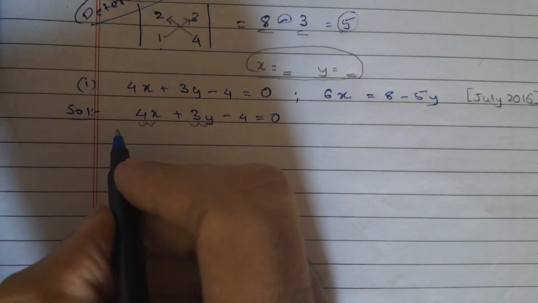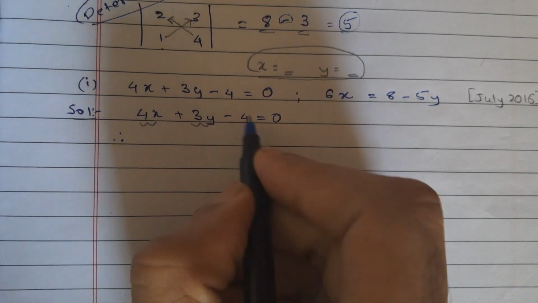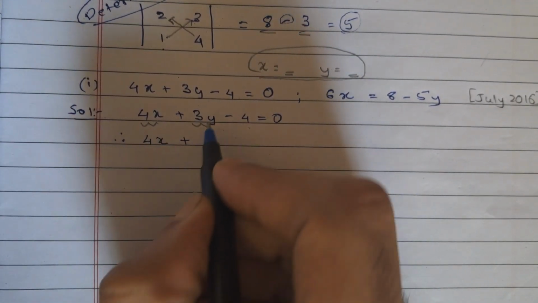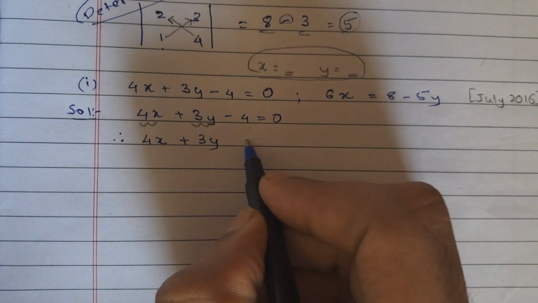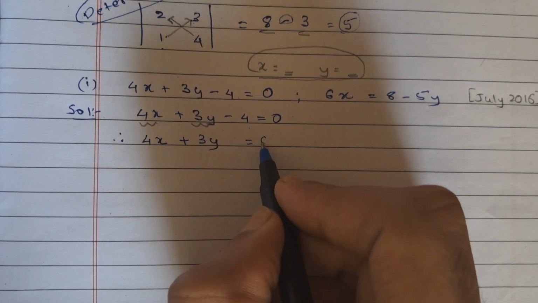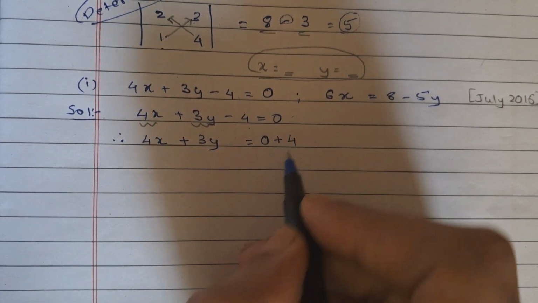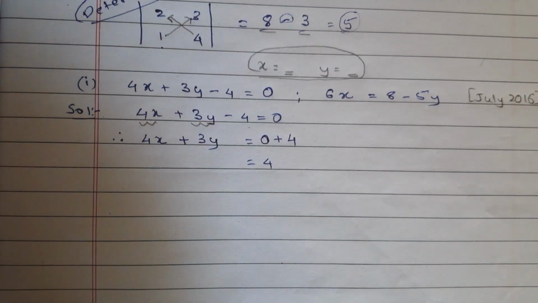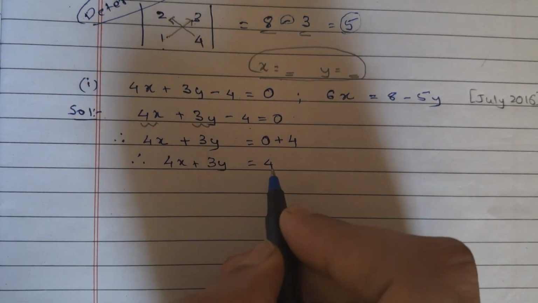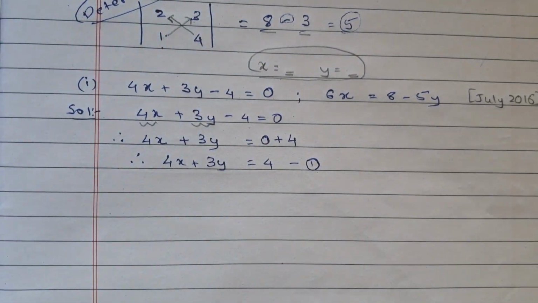In order to get this into a standard form, I keep 4x here and 3y here, and I bring this minus 4 over here. But 0 is already there, so when minus 4 comes over here, it becomes plus 4, and 0 plus 4 is simply 4. So this is 4x plus 3y is equal to 4. I have an equation ready with me. Let me number it as 1.